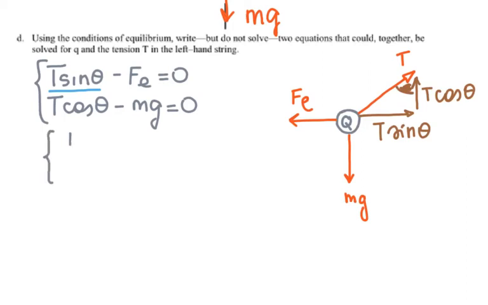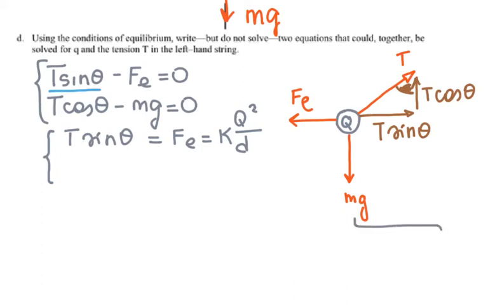I have T sine theta equals Fe, and that is kQ times Q, which is Q squared, over R, the distance between the two charges. And I have T cosine theta equals mg.